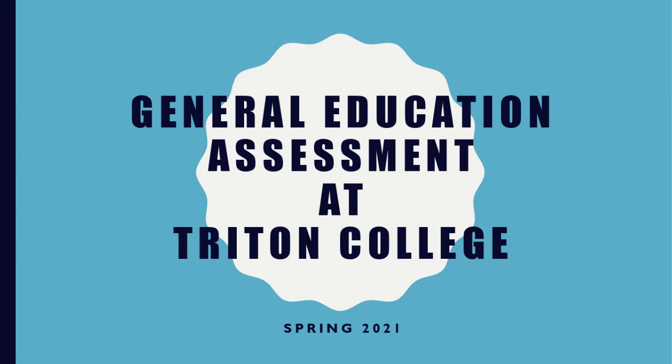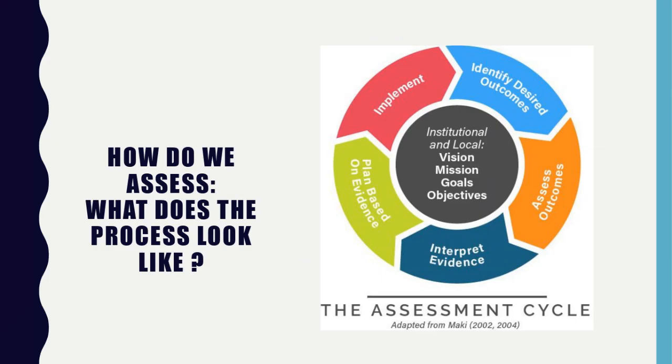regarding general education assessment. So I'm going to talk a little bit about the process as we go. Just in general, this is an assessment cycle that we show for just about anything related to assessment, because whether we're assessing a classroom outcome, a course, a program level outcome, or our general education outcomes, really the same cycle occurs when we evaluate the information and the data related to that.